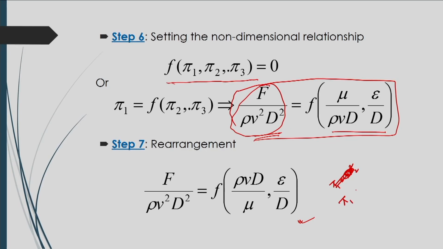pi 1 as a function like this: this is pi 1, this is pi 2 and this is pi 3.